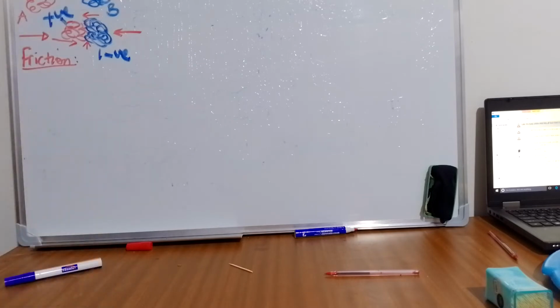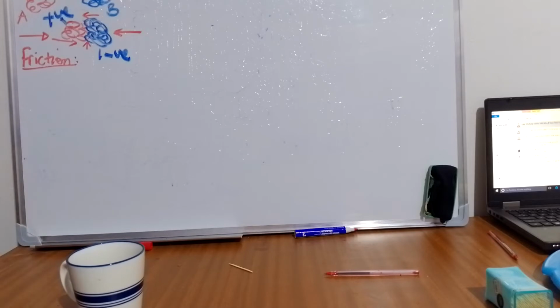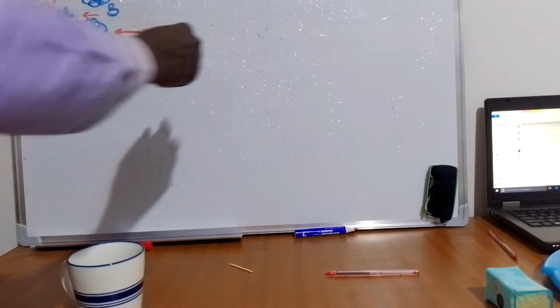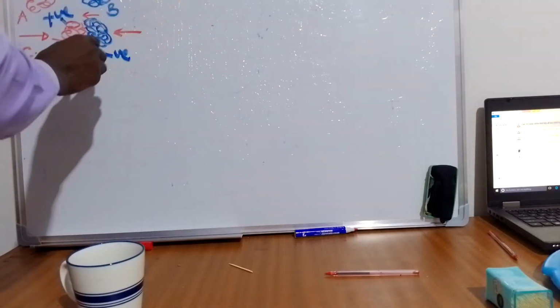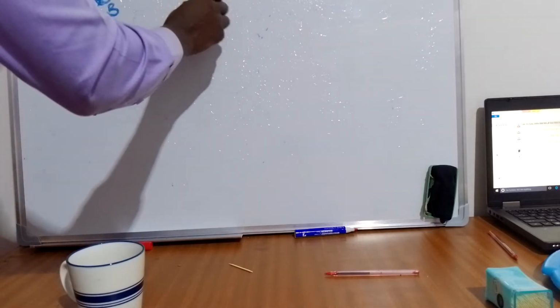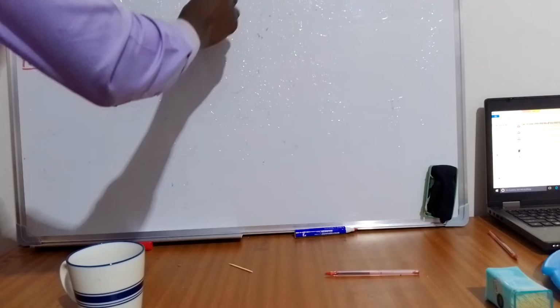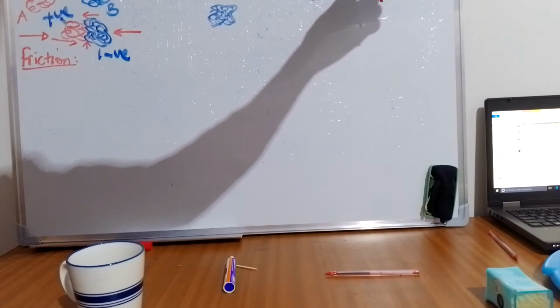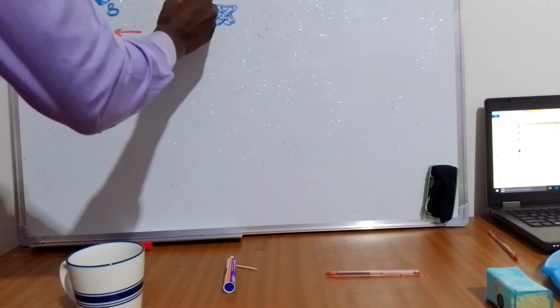So, if each cloud gets a charge, they move. Somewhere in the atmosphere still, they will meet. Let's assume that this one has gained negative charge. It is moving in the atmosphere, and it meets this one, which is positively charged.